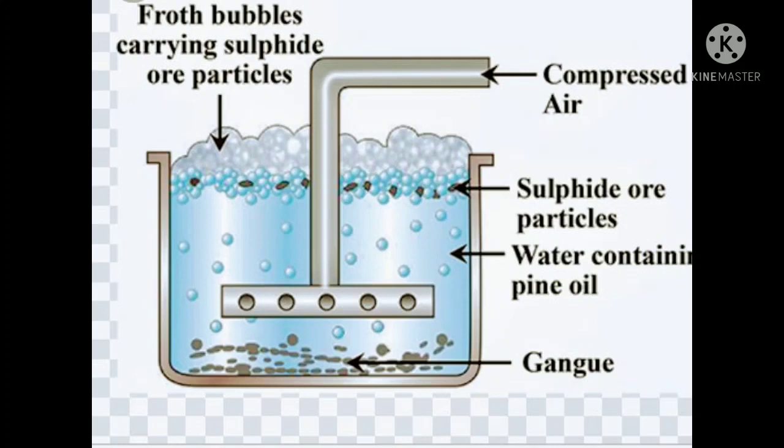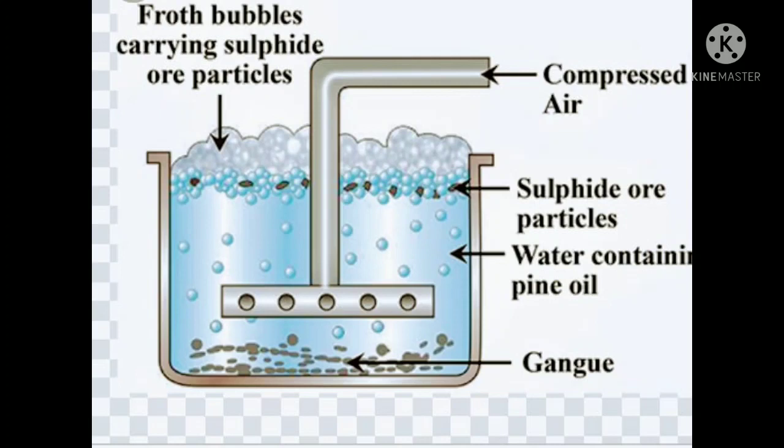For equal mixing and formation of froth, we are agitating by using compressed air. While agitating, our lighter ore comes to the top of the tank as a foam or froth. The bubbles carry the sulfide ore particles because it's a lighter one, whereas the gangue will settle at the bottom of the tank.